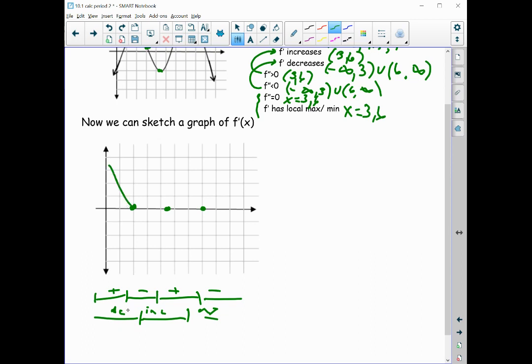And then from 2 to 3, I'm now on the negative side and decreasing. And then now I'm on the negative side and I'm increasing. Now I'm on the positive side and I'm increasing till 6. And then from 6 to 7, I'm going to be positive and decreasing, and then negative and decreasing. This is a sketch.